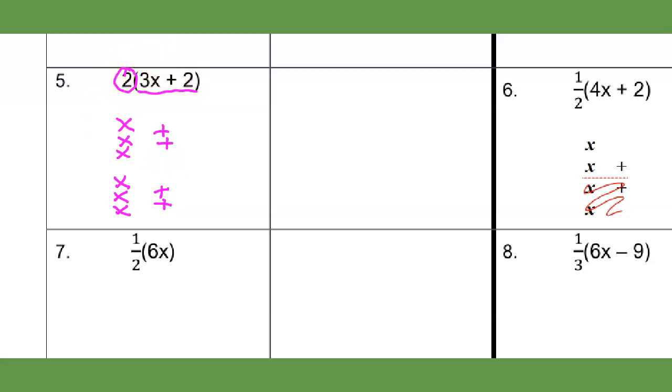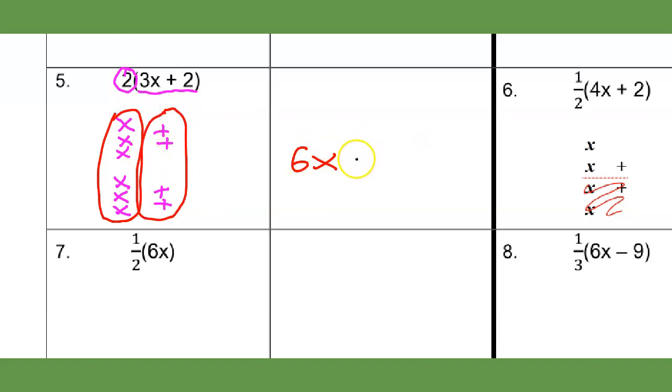And all together, we have 6x and plus 4. And that should be the same as if we multiply it. 2 times 3x does give us 6x, and 2 times 2 does give us 4.